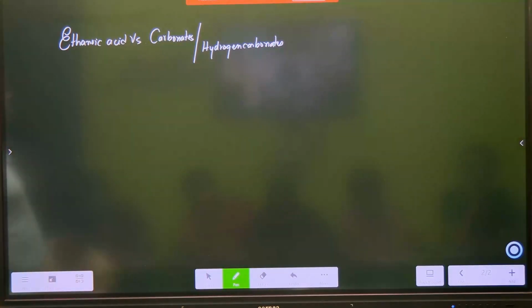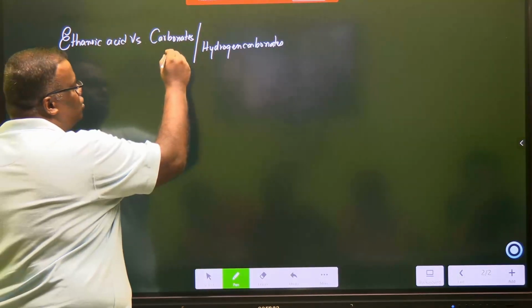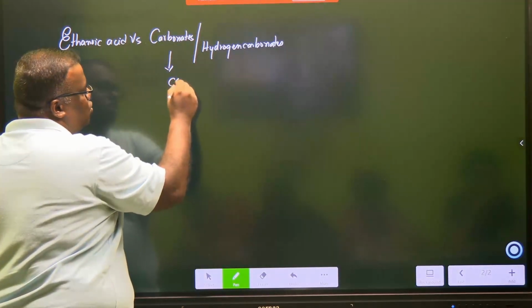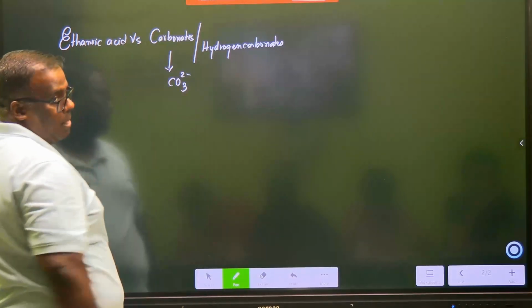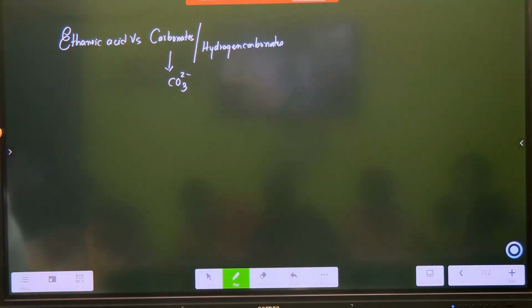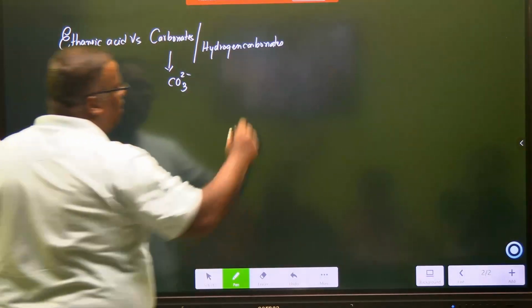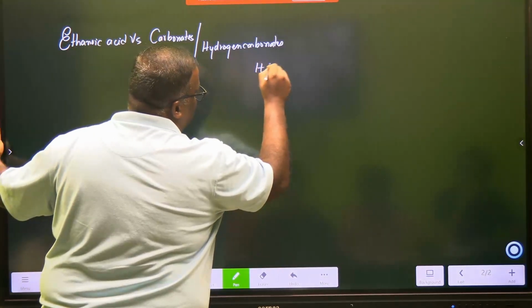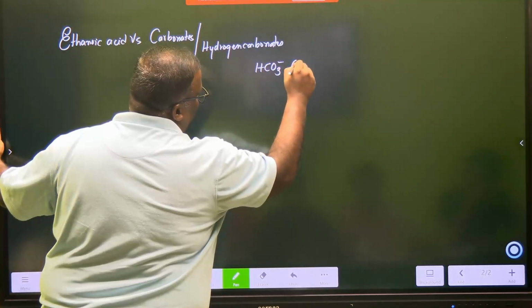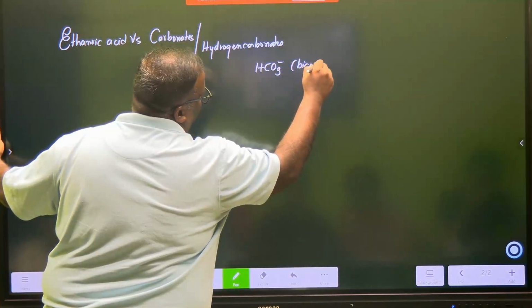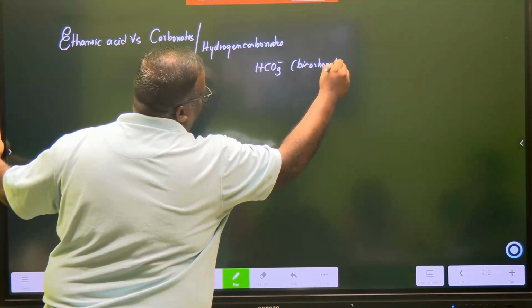What are carbonates? Carbonates are salts which will have CO3 2 minus, the carbonate ion. And hydrogen carbonates are HCO3 minus, also known as bicarbonate.